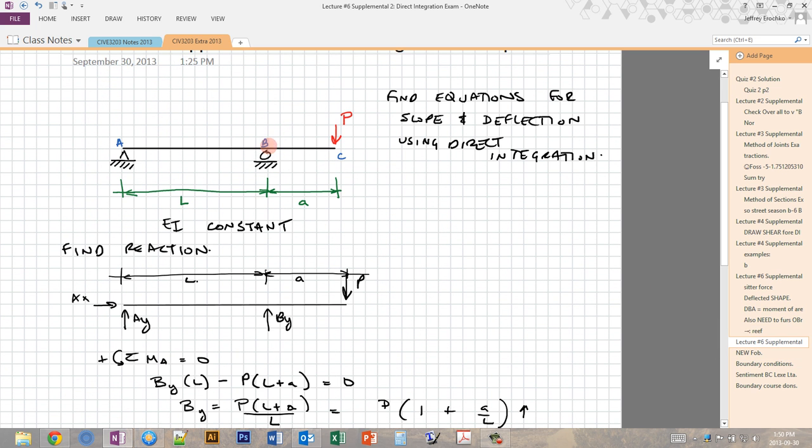At x equals L, y equals 0 because of the pin. But at C, we don't have anything else. We don't have any boundary condition here. But we do know that at B, since this is a continuous beam, then the slope has to be continuous as well. So the slope that we got from AB, so the slope at B, has to be the same on this side as it is on this side.